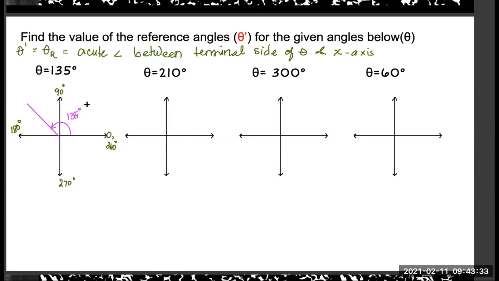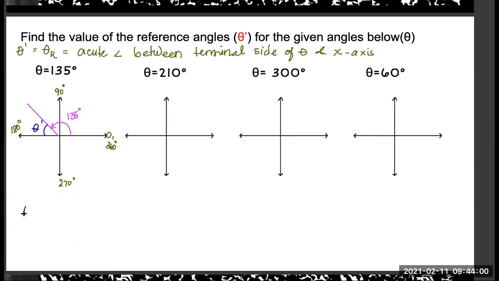Now the reference angle is the angle between that terminal side and the x-axis. So your reference angle is right here. This is our, let's use theta prime. This is your theta prime. That's the reference angle.